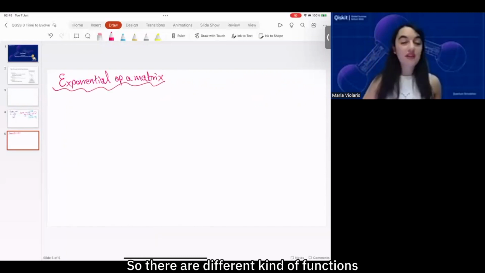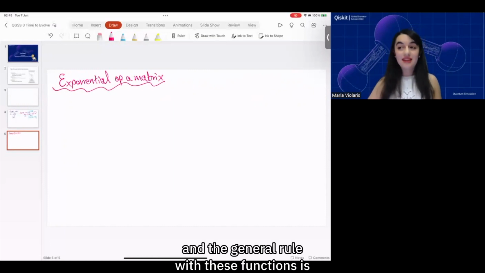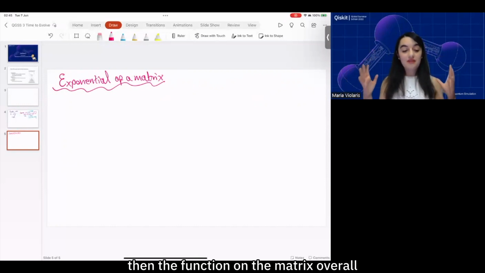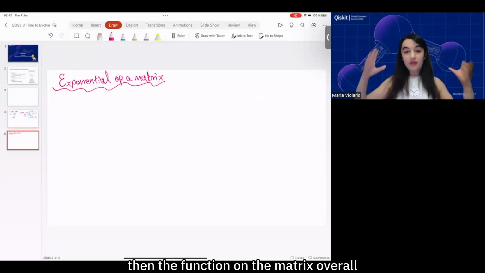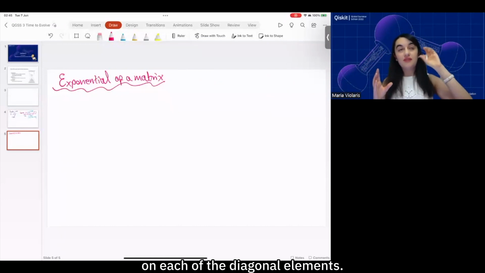So there are different kinds of functions that you can do on a matrix, and the general rule with these functions is that if you have your matrix diagonalized, then the function on the matrix overall is the same as doing the function individually on each of the diagonal elements.